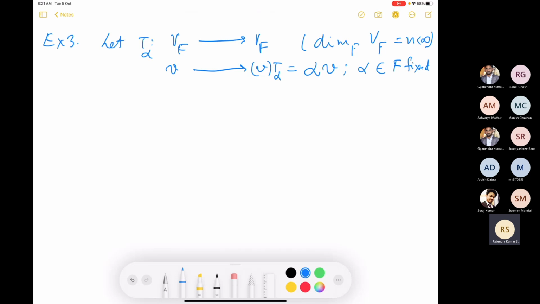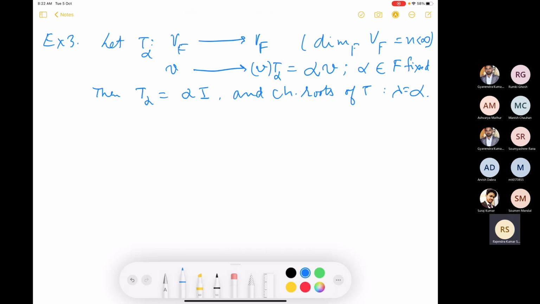And then you can prove that T alpha is actually the linear transformation alpha times I, and the characteristic root of T you can see is lambda equal to alpha.